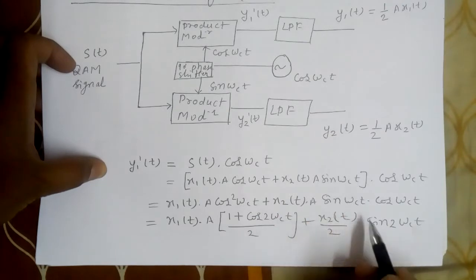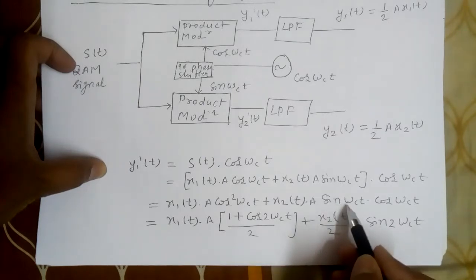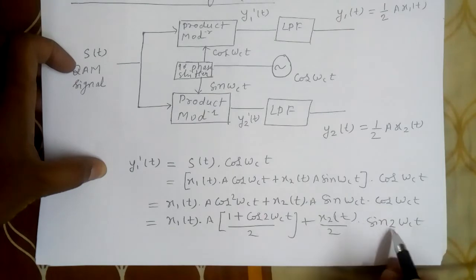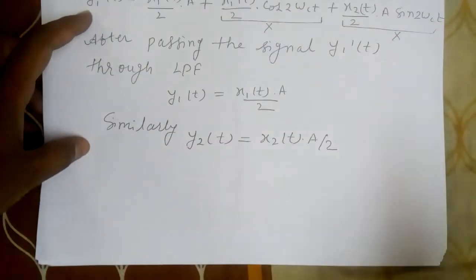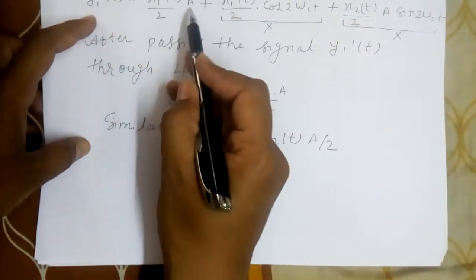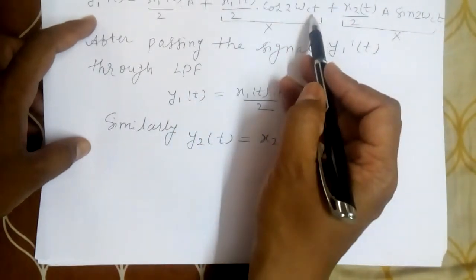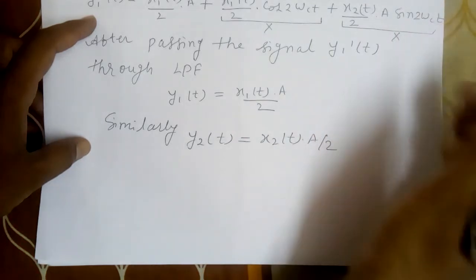So here we can write it as x2t by 2, and here 2 sin omega ct into cos omega ct can be written as sin 2 omega ct. Now y1 dash t is equal to x1t by 2 into a plus x1t by 2 into cos 2 omega ct plus x2t by 2 into a sin 2 omega ct.